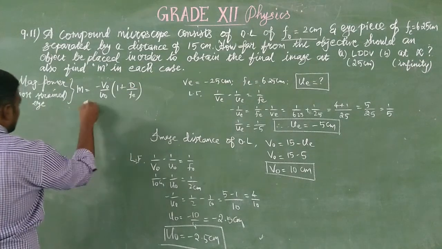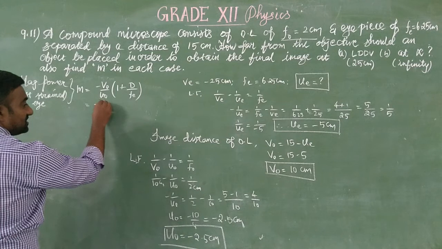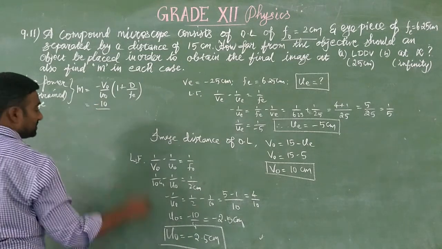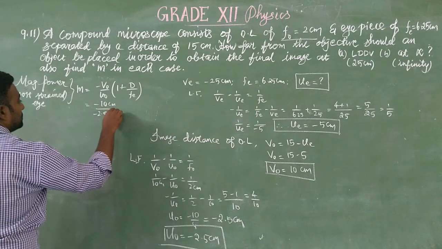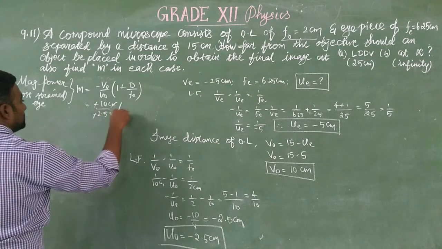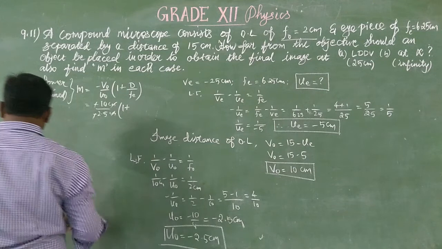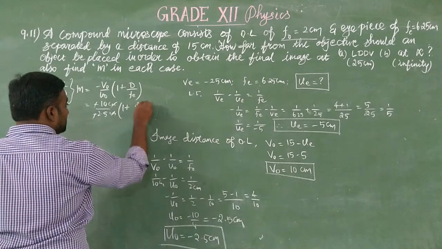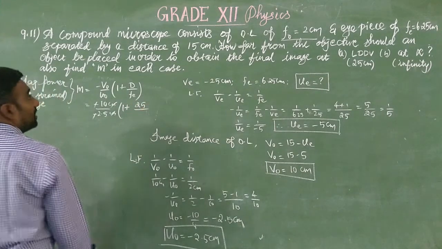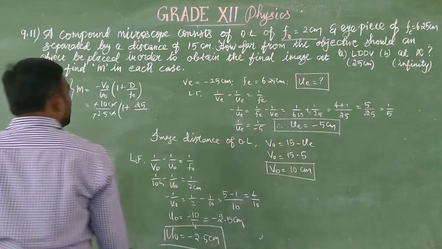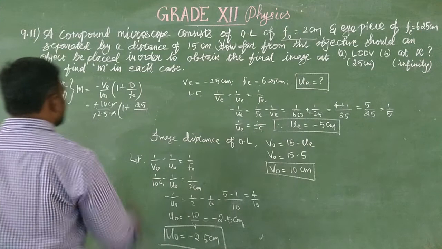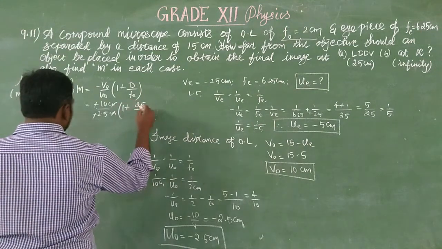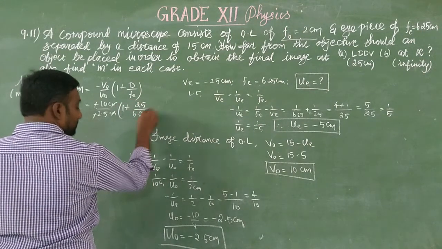Okay, so substitute all the values. Minus V0 is 10 divided by U0, which is minus 2.5 centimeter. So the centimeter units and the minus signs cancel. So 1 plus the least distance of distinct vision, 25 centimeter, divided by the focal length of the eye lens, FE. What is the FE? 6.25.